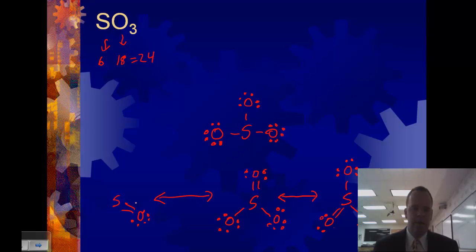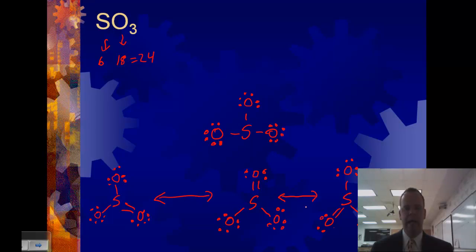Now, what you will find is that when we have covalent bonds, single bonds are going to be longer, a bigger distance between the atoms, than double bonds, which will be longer than triple bonds. What they find when they actually study SO3 is that each of the bonds is in between being a double bond and a single bond.